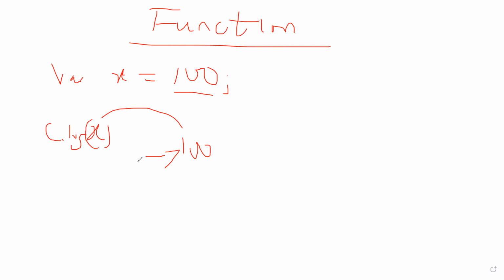At the same time, if I want to hold more than one data, I will use my array. And for me to declare an array, I must use my square brackets. So I can have 2, 4, 6, 8, and so on.